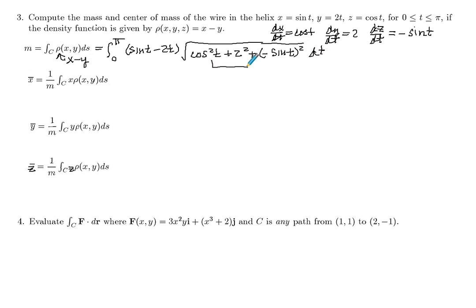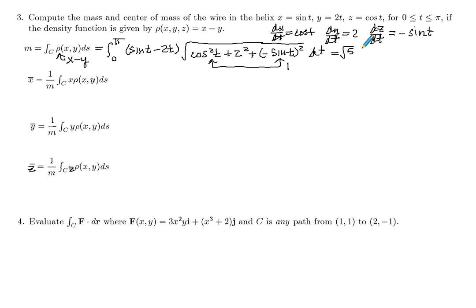And so these guys here sum up to 1. And then 2 squared is 4, so this whole thing is just a square root of 5. So this is actually going to be square root of 5. Let's pull that on the outside of the integral. And then we just got to integrate sine t and 2t.